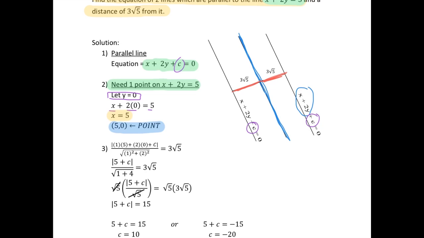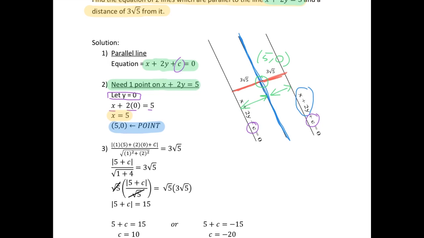So we've got a point on our line, and we want the perpendicular distance from that point. Let's say it's here, the point 5, 0. We want the perpendicular distance from that point to each of these lines here and here to be 3 root 5.